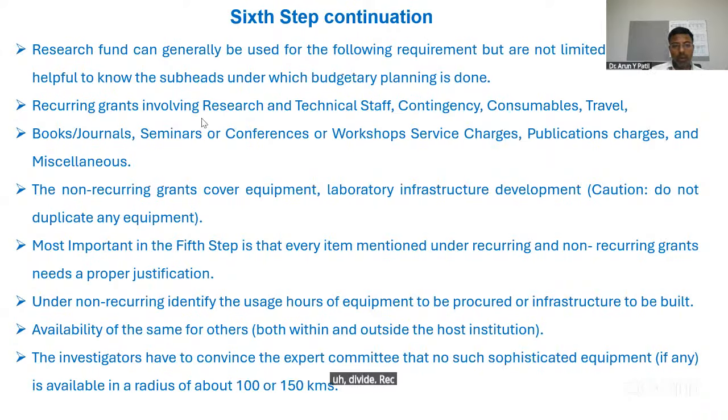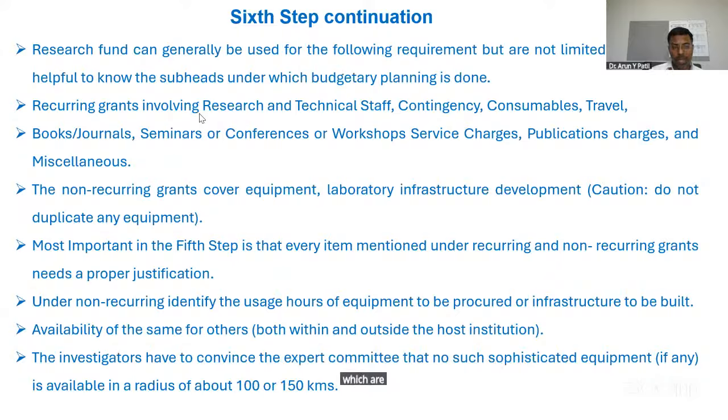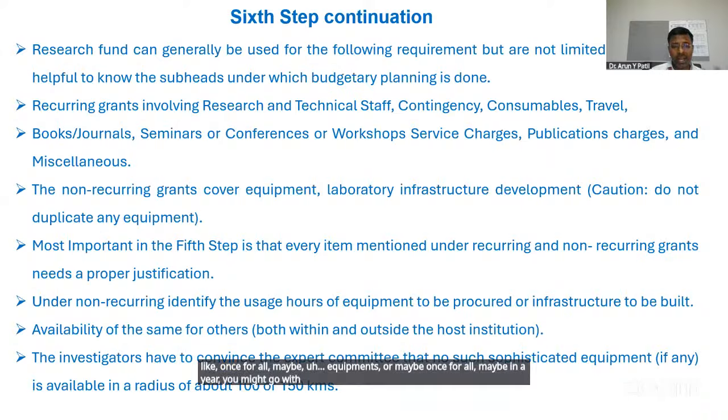Recurring grants: many of us might have a confusion between recurring and non-recurring. Recurring are those which are on a continuous basis. Non-recurring are those which are once for all, maybe equipments, or maybe once in a year you might go with a maintenance.